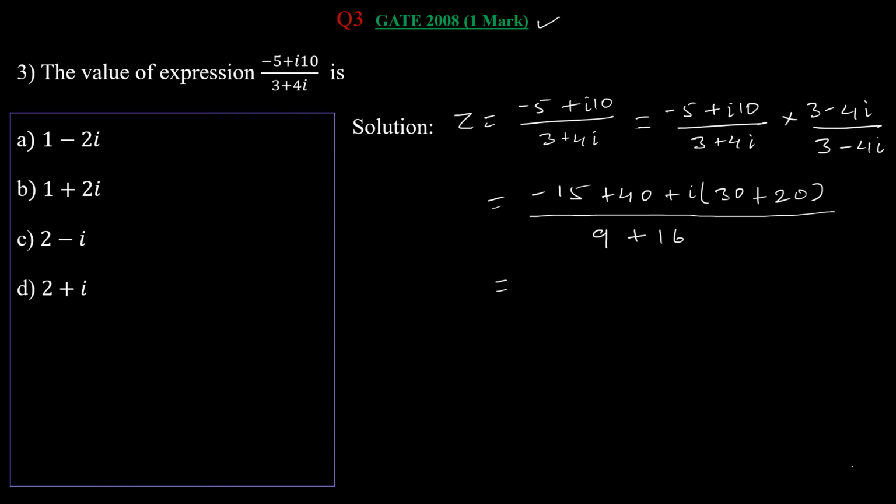So it will be what? It will be (25 + 50i) upon 25. So finally it is what? 1 plus 2i. So this is the required answer. So in the options that we can see, option B is the correct answer.